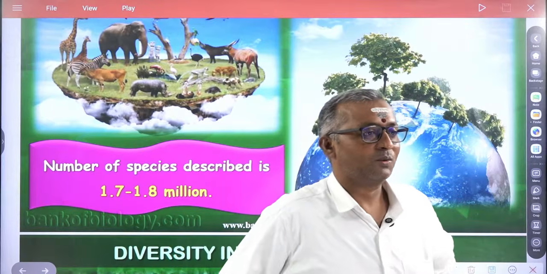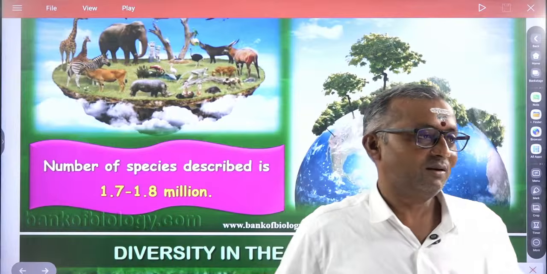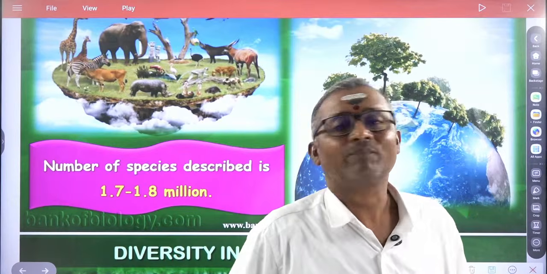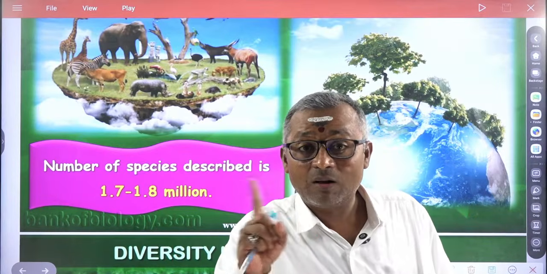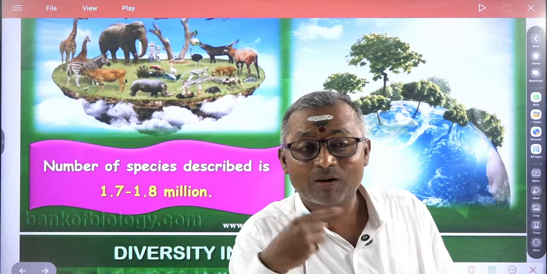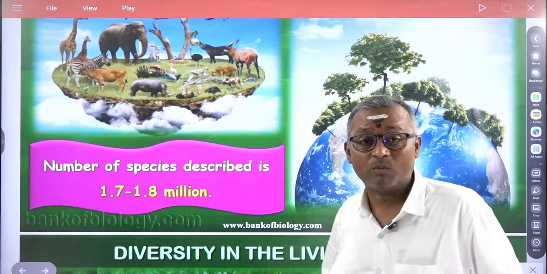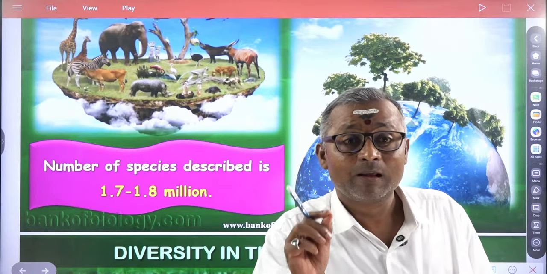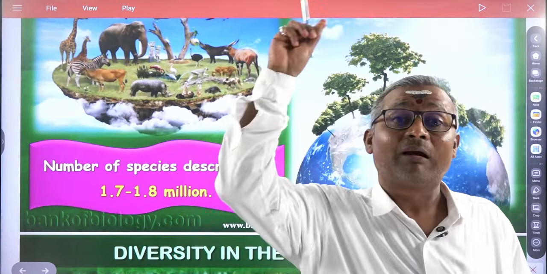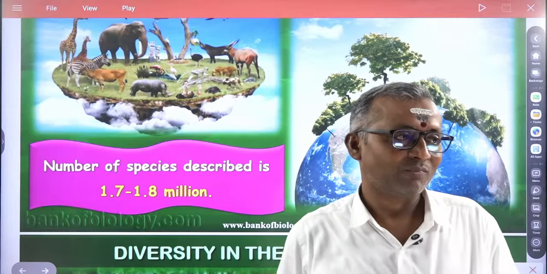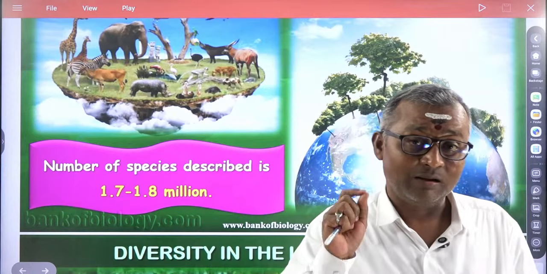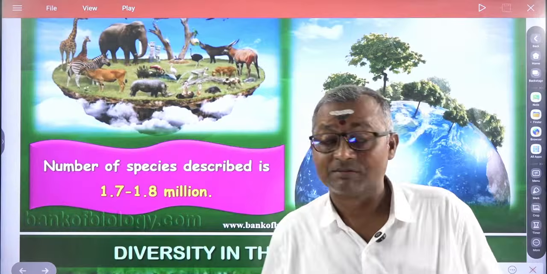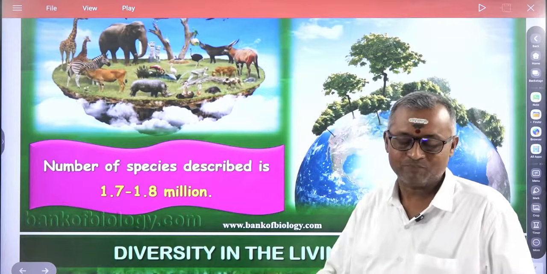Good, so many of you said false. It is not the total number of organisms. This 1.7 to 1.8 indicates the number of kinds of species. That many species are there.